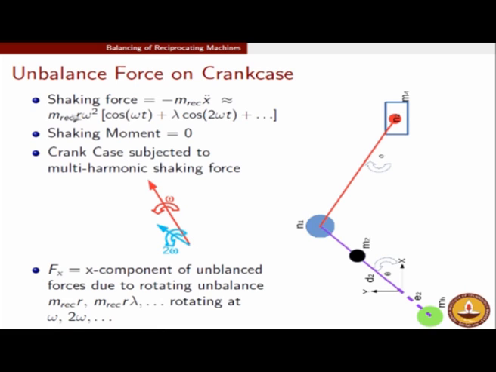If I have m_REC r as the unbalance and m_REC r times lambda as another unbalanced force, each of them rotating at omega and 2 omega, the component of these rotary unbalances along the x direction is exactly my shaking force, and that is going to give me great benefit in designing ways and means in which I can reduce the shaking force.